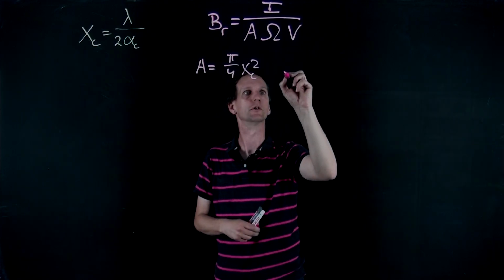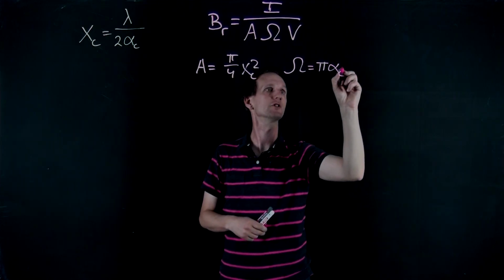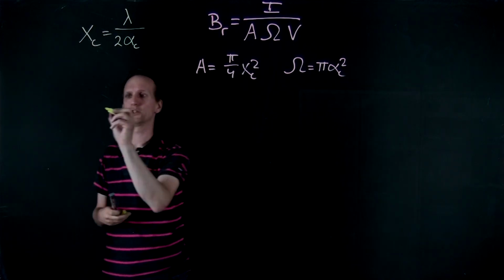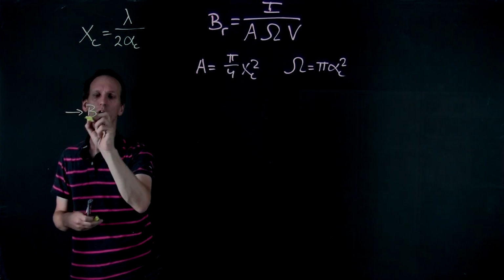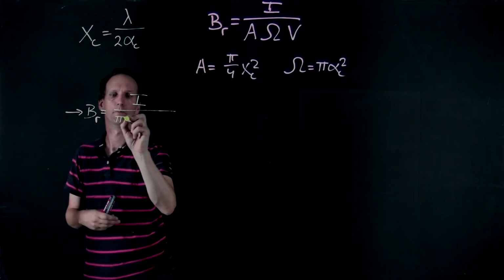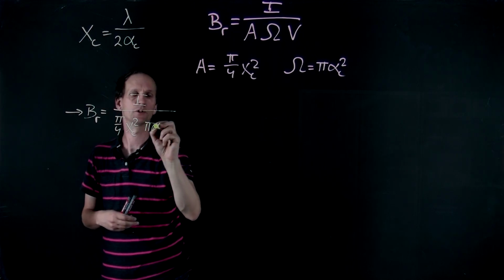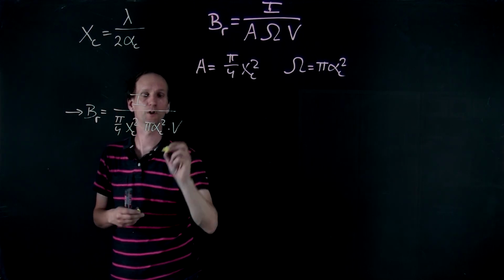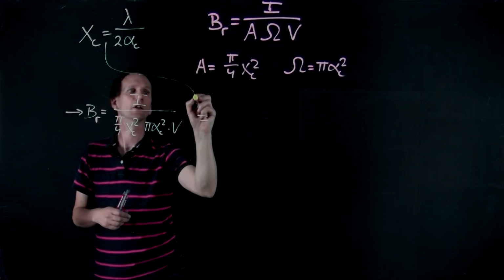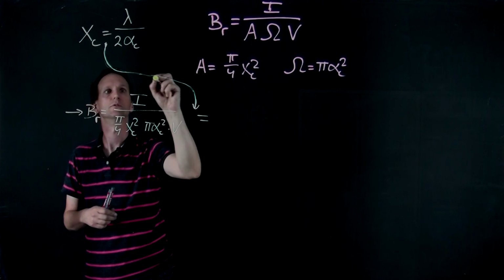The solid angle is given by pi times our half opening angle, alpha c squared. If we plug this into the expression for the reduced brightness, we get Br is I over pi over 4 times xc squared, times pi alpha c squared, times V. Now from the equation that we have here, we see that the coherence length xc is related to alpha c.